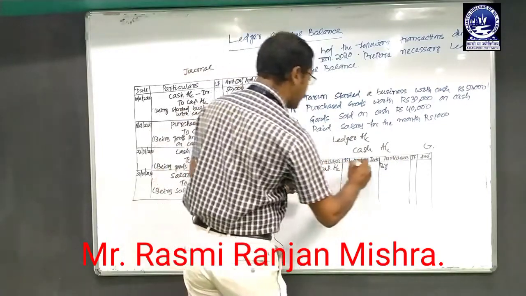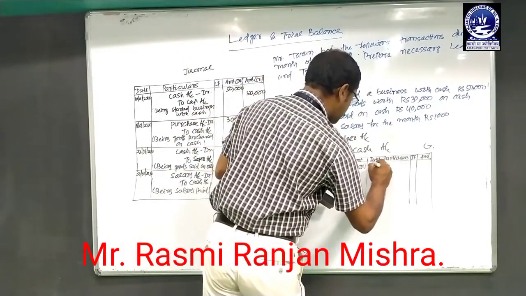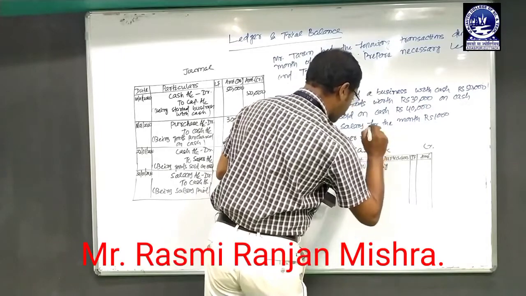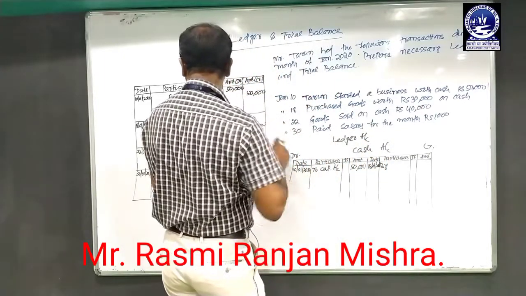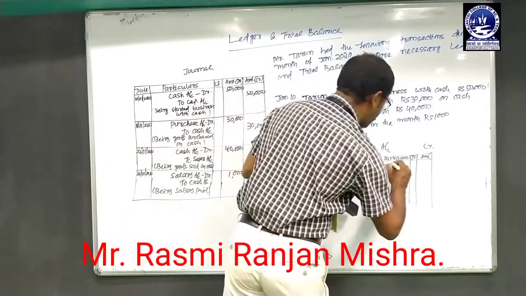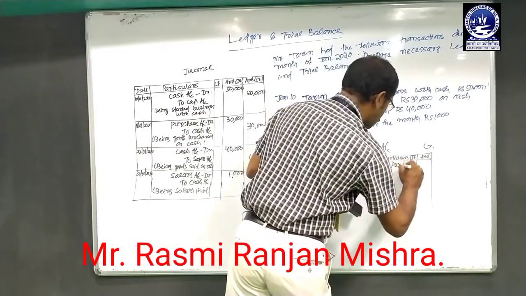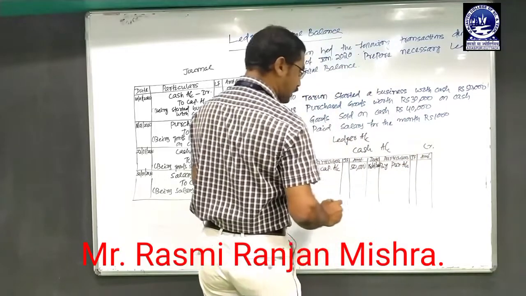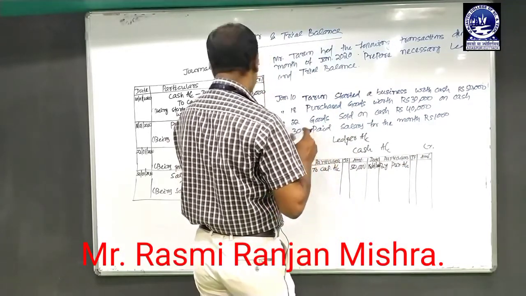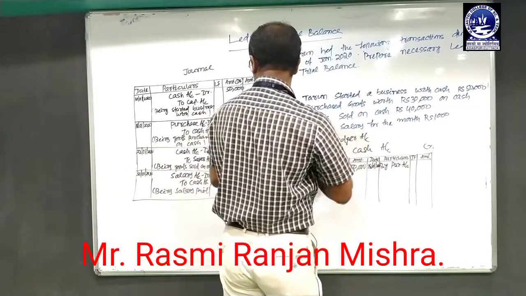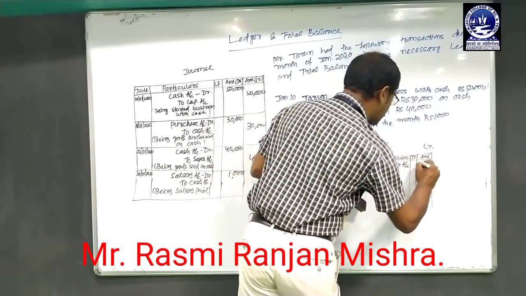The date is 18th January 2020. So cash account credit means another account is debit, the purchase account debit. So By purchase account, the account which was debited in journal, we have to put it on the credit side by using prefix By. So By purchase account and the amount is 30,000.